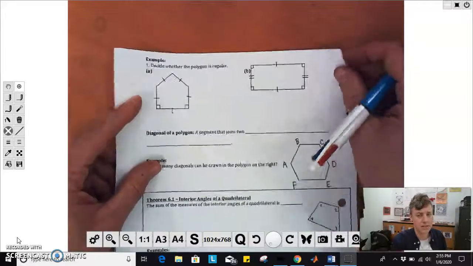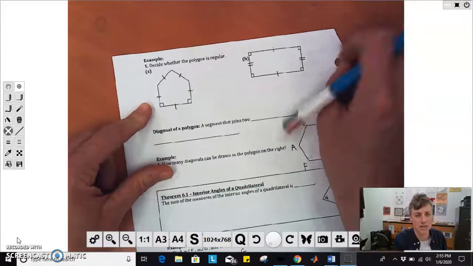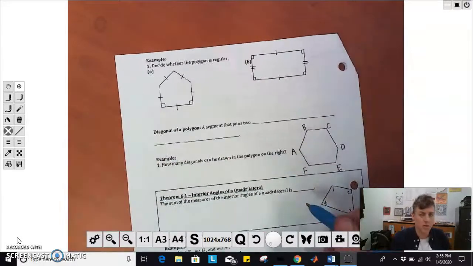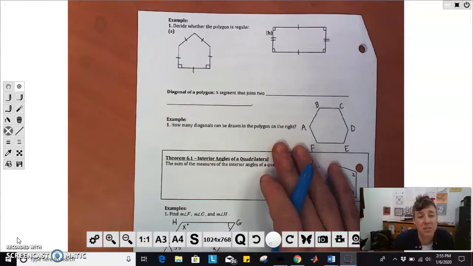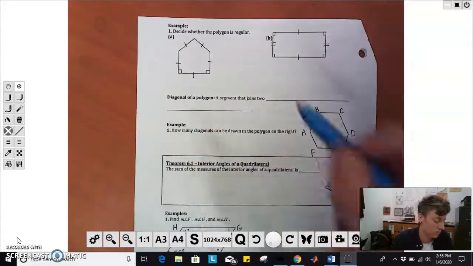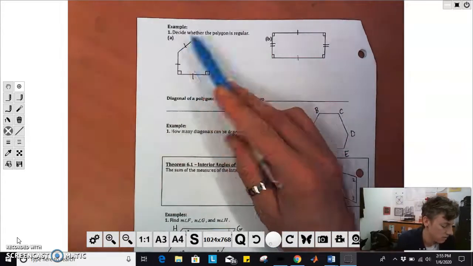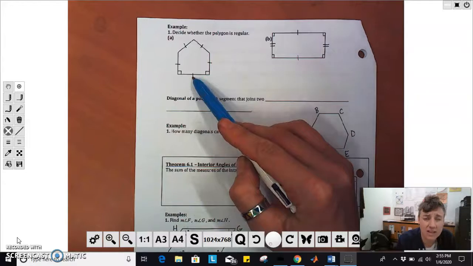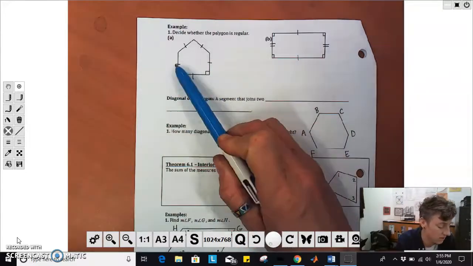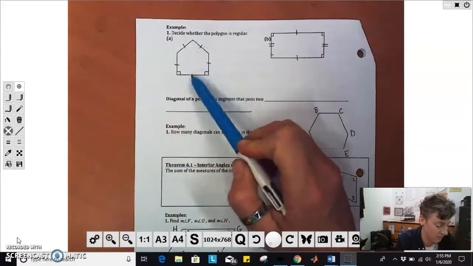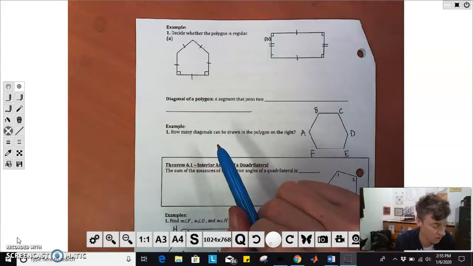So let's look at this example and decide whether the polygon is regular. What did regular mean again? It meant equal sides and equal angles. Well, this guy has 5 sides and they are all equal. How do we know? Because each of them have the same number of hash marks. And so let's check out the angles.